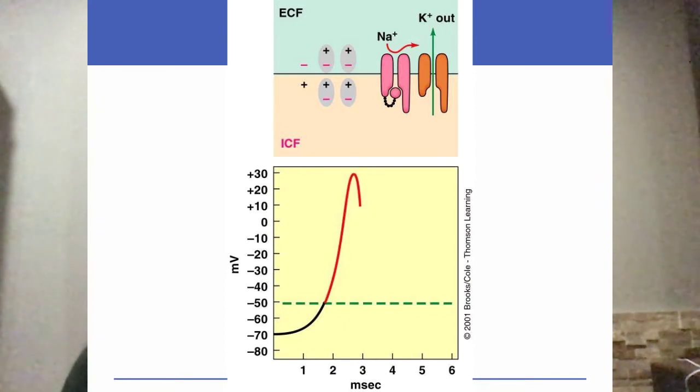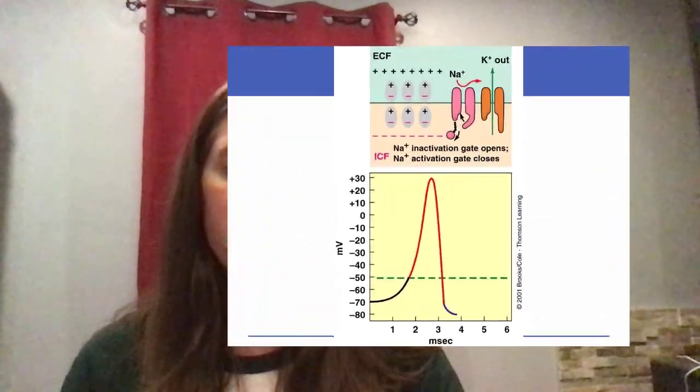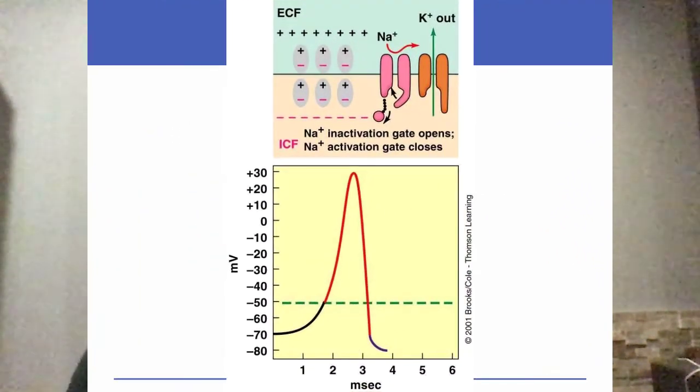So again, look at the graph. Our potassium channel opens. Potassium now is flowing out. Positive ions are flowing out, so we are repolarizing. There's a fall in the red line of the graph. At the same time, they're not showing you this part of the membrane, but there are potassium leak channels that are always open, so even more potassium is flowing out than normal.